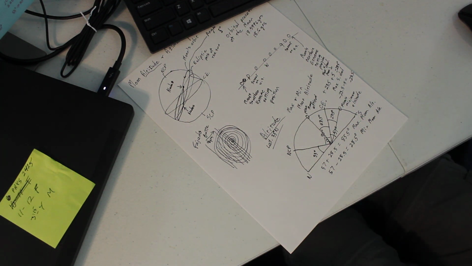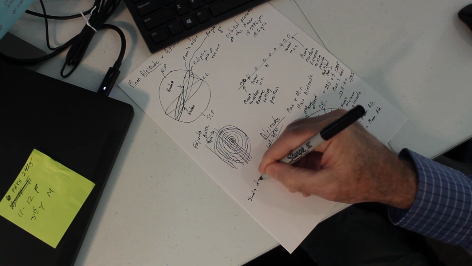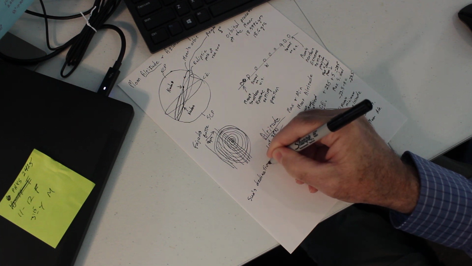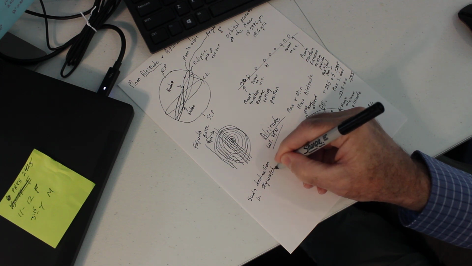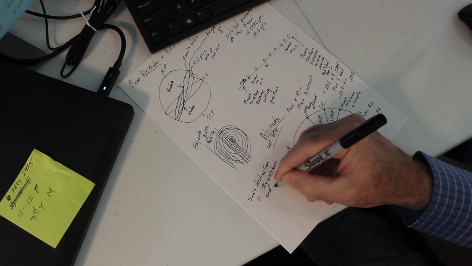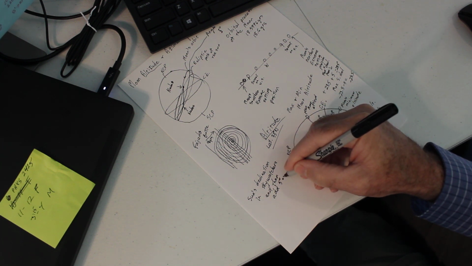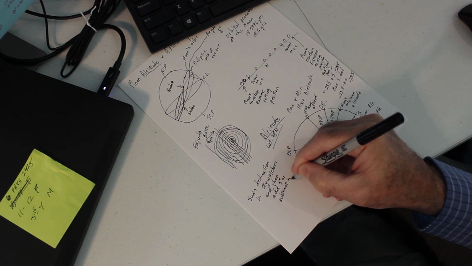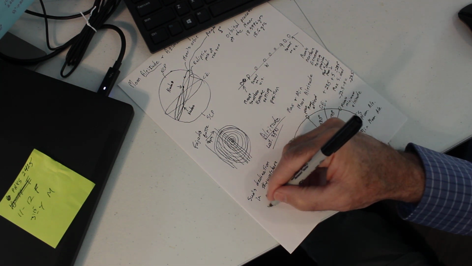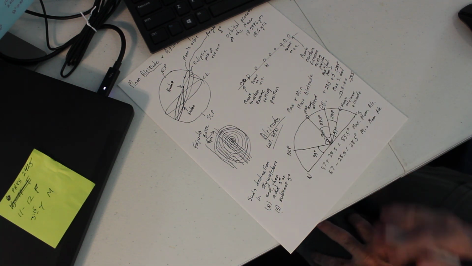Now, if you wanted the altitude of the moon on a very specific day of the year, you'd have to go look up the sun's declination in the sky watchers for that day, and then add 5 degrees or subtract 5 degrees, depending on whether you want the northern extreme, which would be adding, or the southern extreme, which would be subtracting 5 degrees from the declination of the sun.